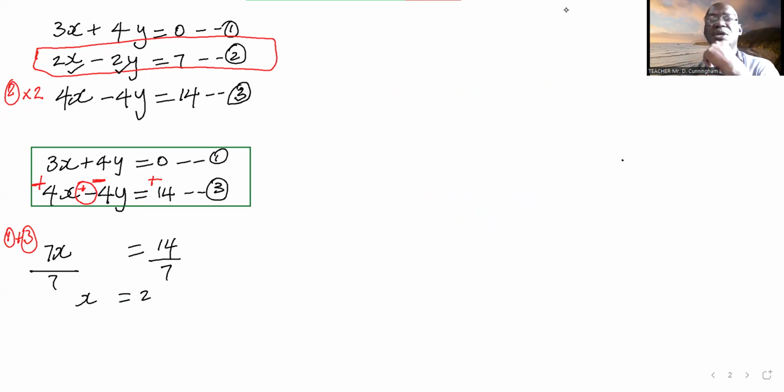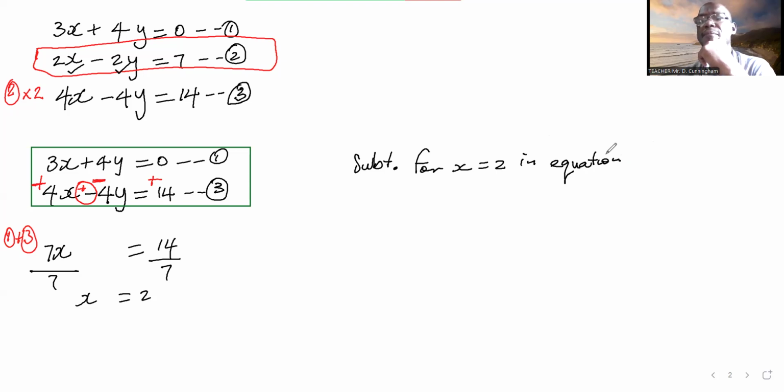So I just want to write on this side that we are substituting, SUB for short, x equals 2 in equation 1.